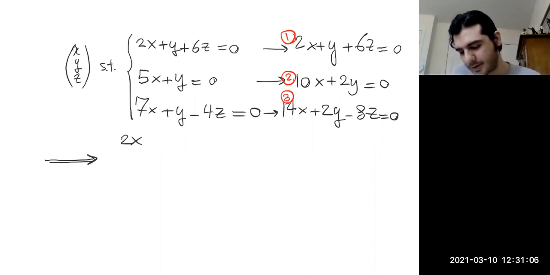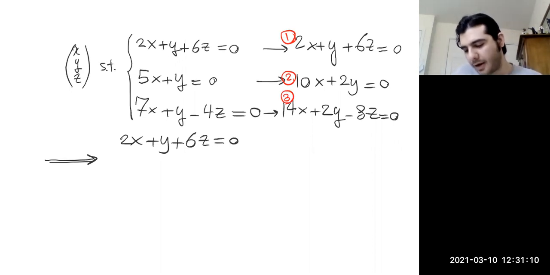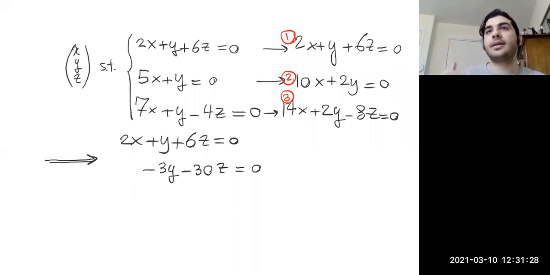So I have the first equation, I would keep that. I multiplied by 5, I would get 10x plus 5y plus 30z. And then I subtract it from the second equation. The result would be 0x minus 3y minus 30z equal to 0. I want to do the same thing for the third equation. I would multiply that by 7 and subtract it from the third equation.